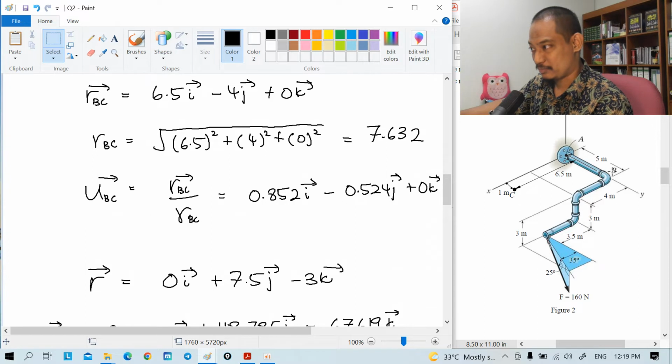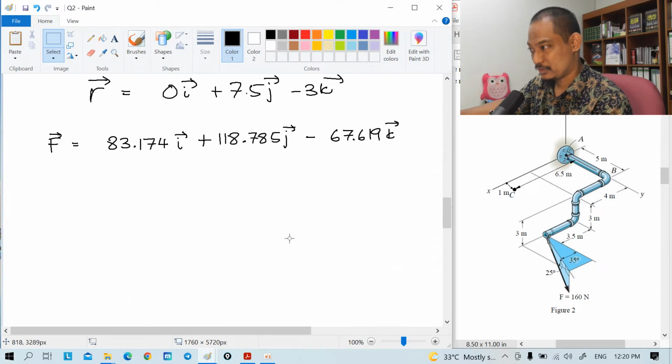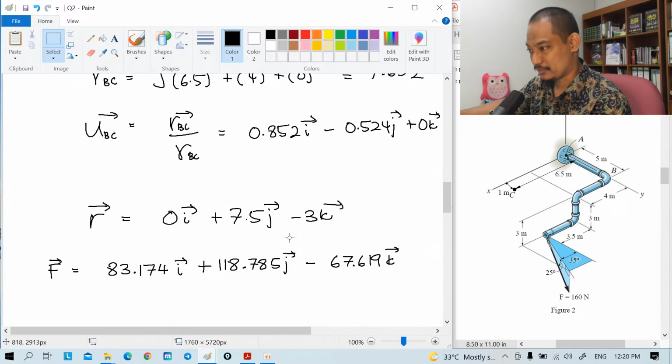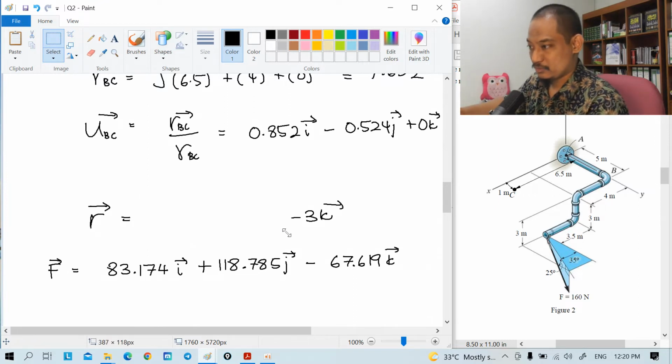R is from B to this force, so we have 7.5. Sorry, this is wrong. Okay, this is wrong, right? Thank goodness that I checked.